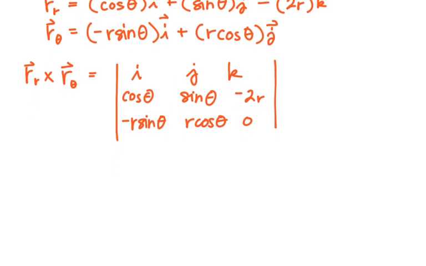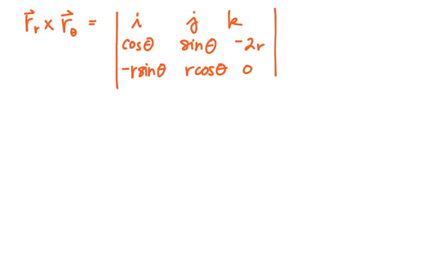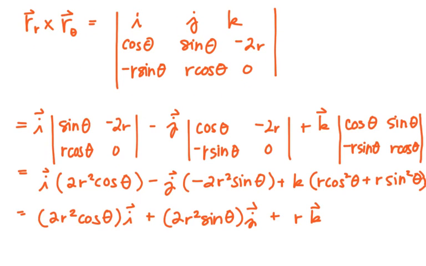And we should be proficient at calculating this at this point, so I'll just write that out. And pause if you need to check your work or to check my work. But 2r squared cosine theta i plus 2r squared sine theta j plus r k. That represents r sub r cross r sub theta.